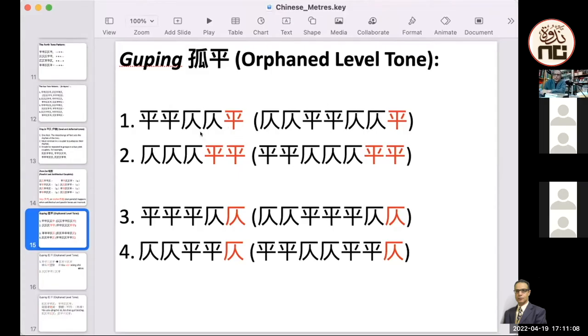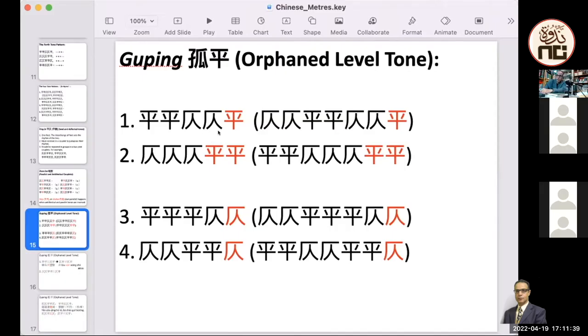For example, whether it's wu shi, pentasyllabic, or qi shi, heptasyllabic, Kuping occurs only when the poem has ping as rhyme. When it is a ping-rhymed poem, then we may run the risk of having this Kuping, meaning what?